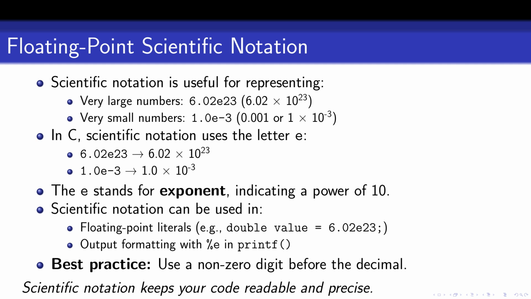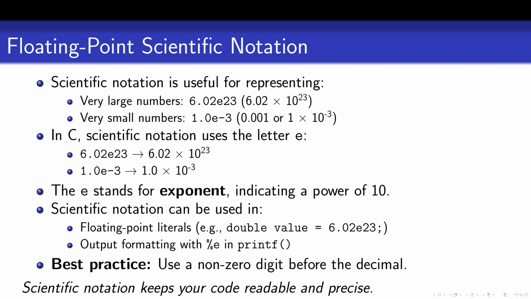Sometimes, we need to work with very large or very small numbers, like the number of atoms in a sample or the size of a microscopic object. In C, these are often written using scientific notation. For example, the number 6.02 times 10 to the 23rd power can be written as 6.02e23. The e stands for exponent, meaning times 10 to the power of.